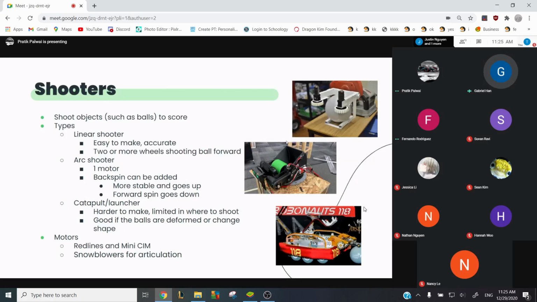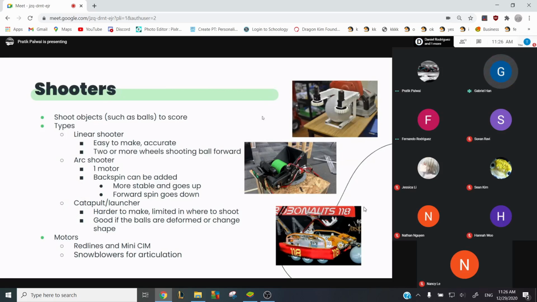The last one is the catapult or launcher. This one is a little bit more difficult to make, and it's also more limited in where you can shoot, because of the amount of force you have to calculate to actually make it in. But it's good because the catapult will not be affected by variations in the objects.